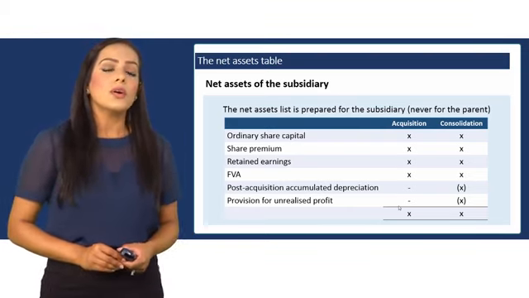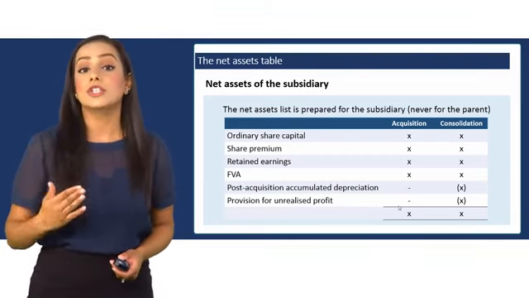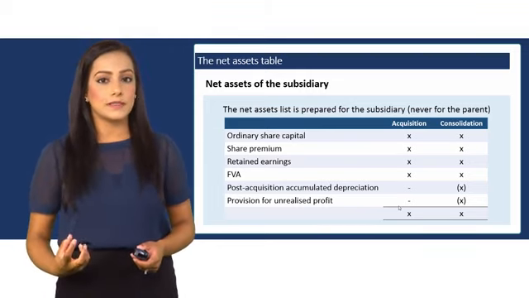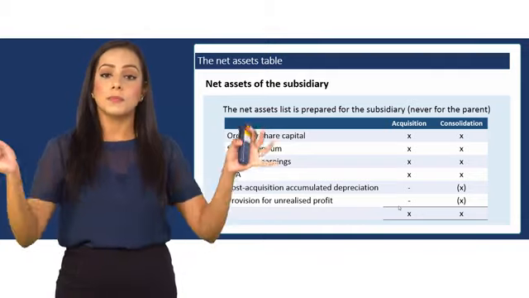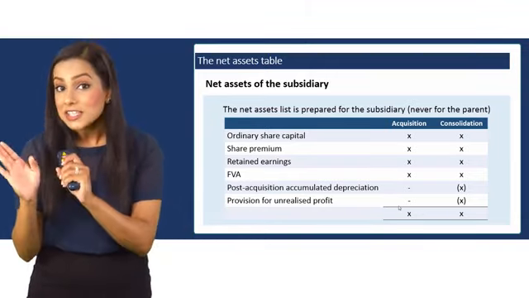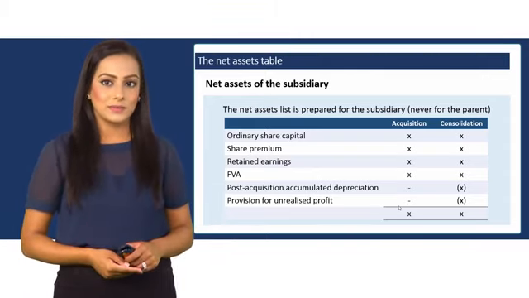A fair value adjustment going upwards could lead to a greater depreciation expense, so you will reduce your profits. However, if your adjustment reduces your assets value, then this would reduce your depreciation expense, so you would add it back. Once again, it depends on the situation.